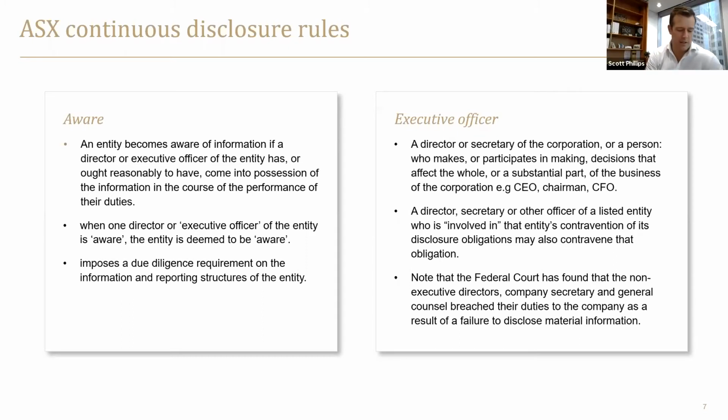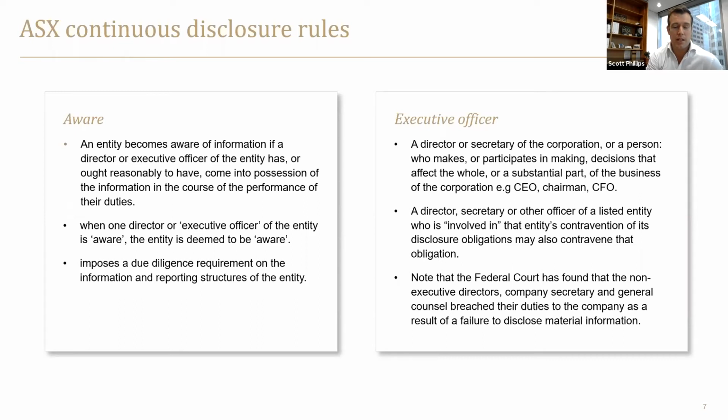The other thing I think is interesting to note here, Jason, is the way this test works in terms of what it is that you have to be aware of. The test relates to the materially price sensitive information. It's not the fact that that information is materially price sensitive, which is often part of the challenge. There are some things where it's obvious, like a disaster, major litigation, or signing a new contract, where you know exactly what the information is.